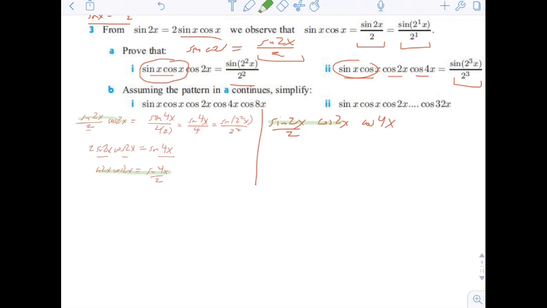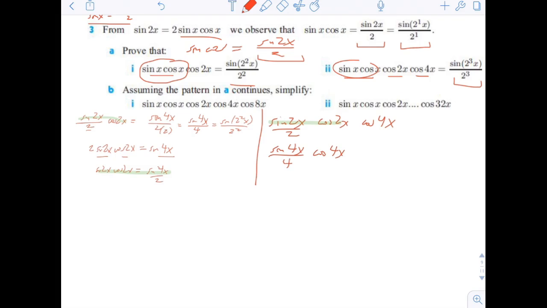right here, right? So let's do that. We're going to put sine of 4x divided by 2, which would be sine of 4x divided by 4, including that. So we'll have sine of 4x divided by 4 cosine of 4x.